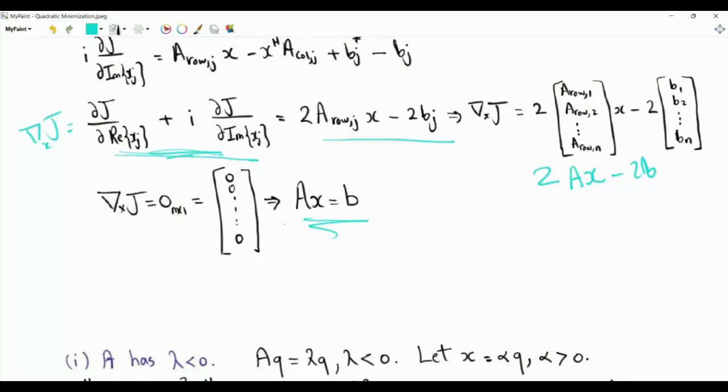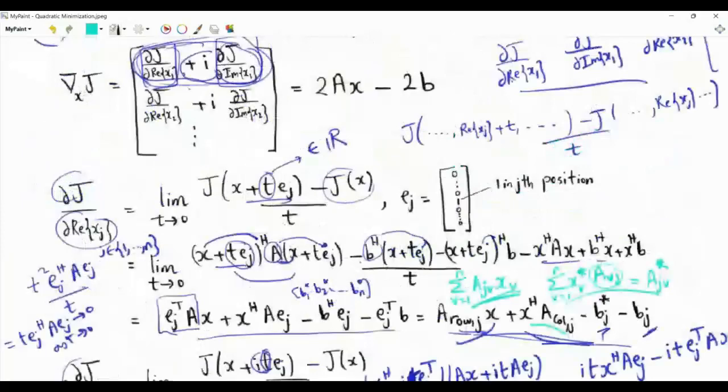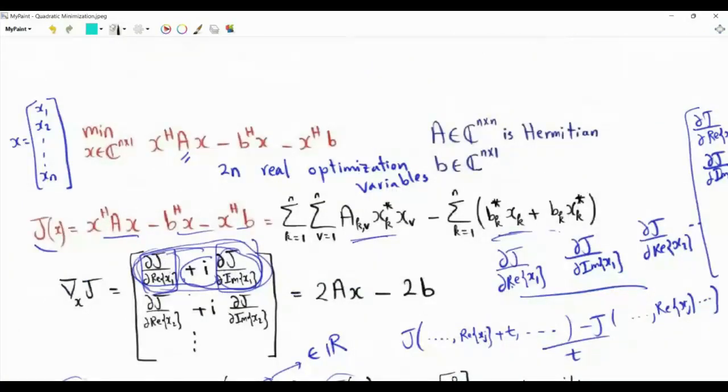In that case, the claim is that the objective function is unbounded below, which means that we can make the objective function, big J, approach negative infinity.